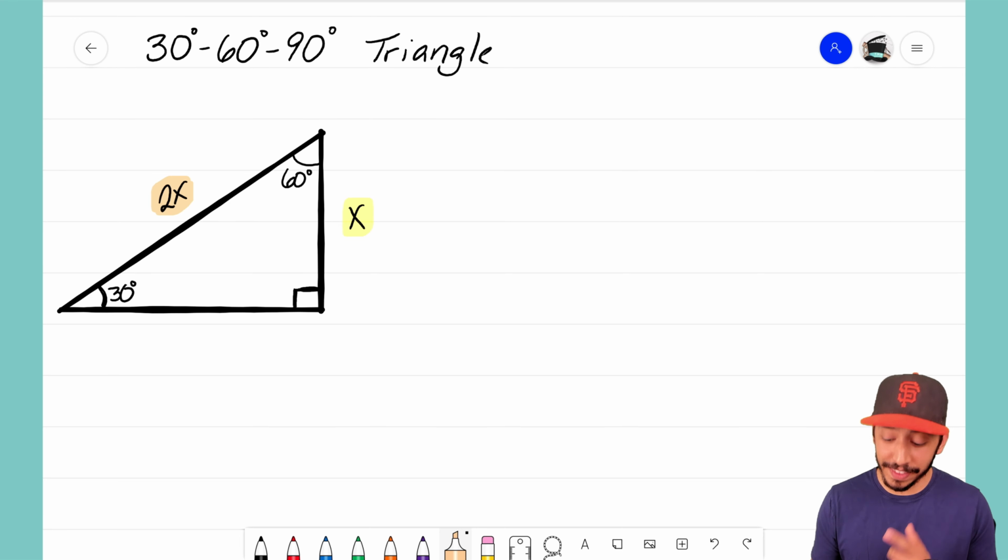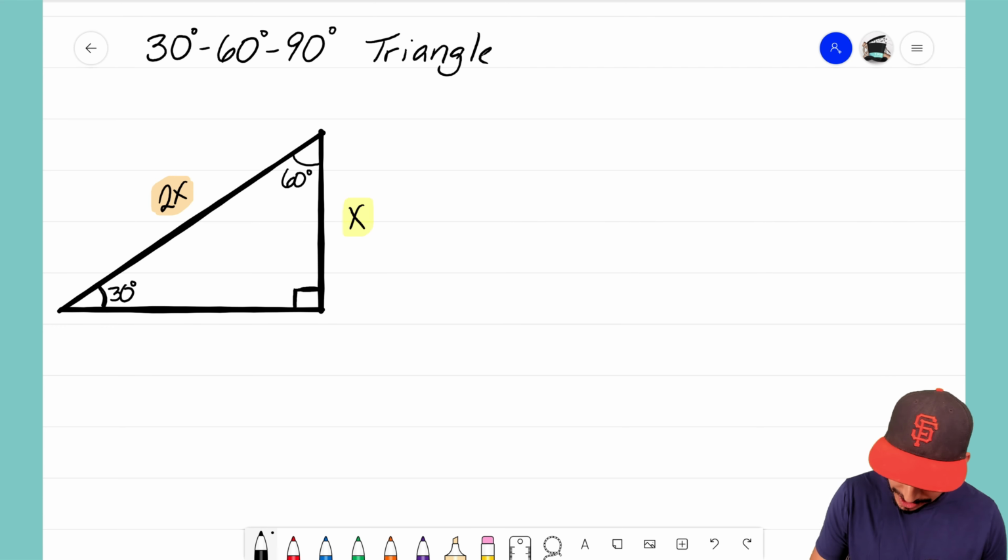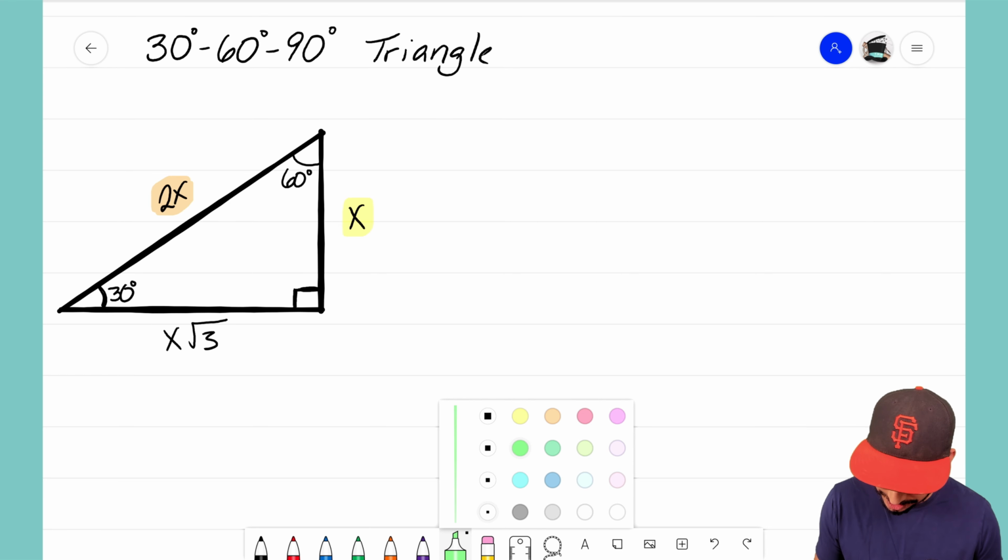Now we can also find the other leg, the long leg on this right triangle, and this side also has a relationship with the short side. If I want to find out what that long leg is, I take the short leg here, X, and all we have to do is multiply it by the square root of 3.